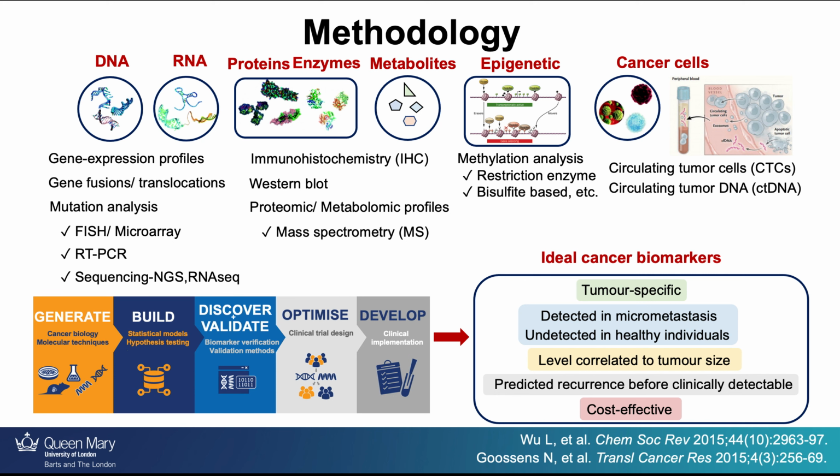However, there is room for improvement for any kind of cancer biomarker, guided by the concept of ideal cancer biomarkers: decent tumor specificity and proper sensitivity to detect minimal levels of micrometastasis, but not detecting any non-specific molecule in healthy individuals, along with correlation of level to tumor size and ability to detect cancer recurrence before it is clinically detectable, and certainly cost-effective.